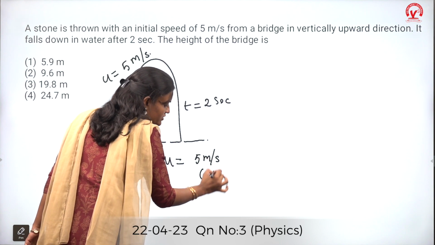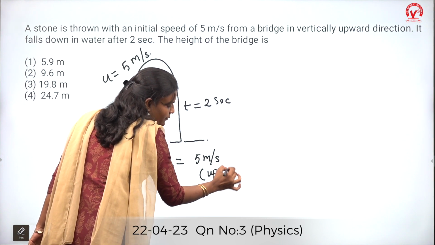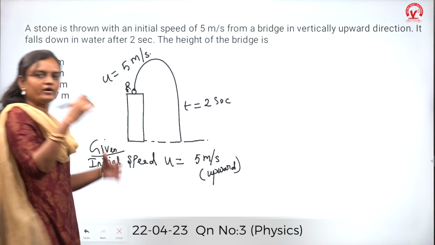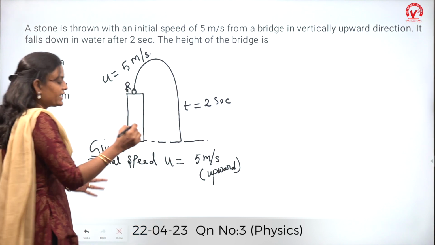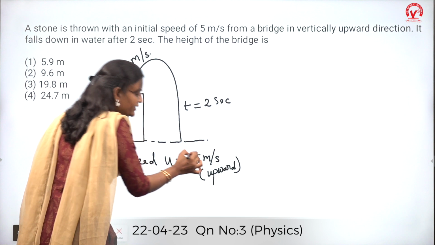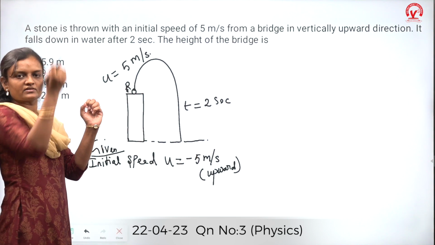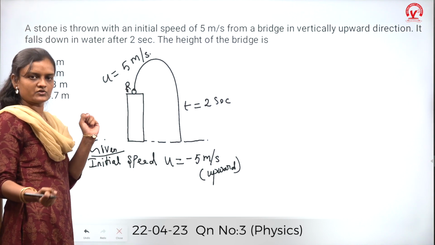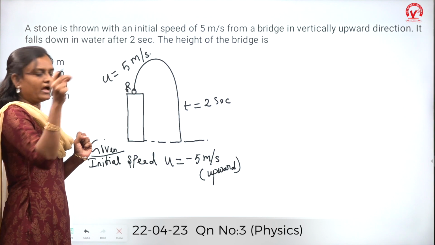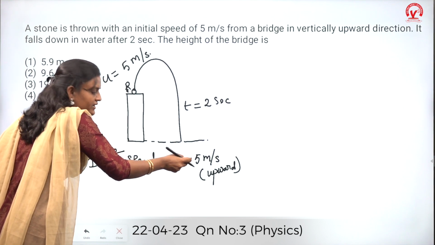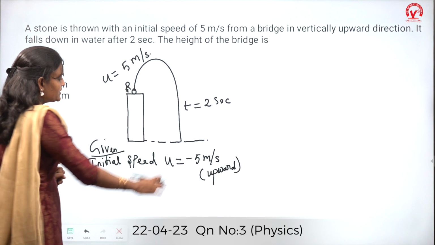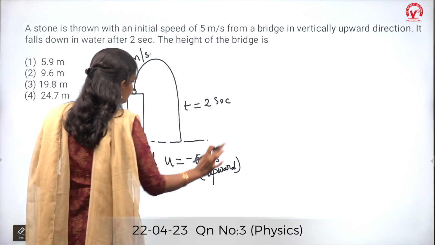We are throwing the stone in the upward direction, and in the upward direction the sign is negative. Downward direction, due to the force of attraction, is positive. Downward means positive and upward means we need to put a negative sign. So u is minus 5 meter per second.